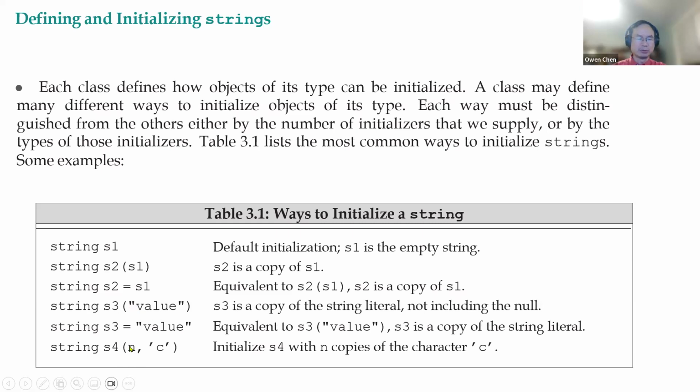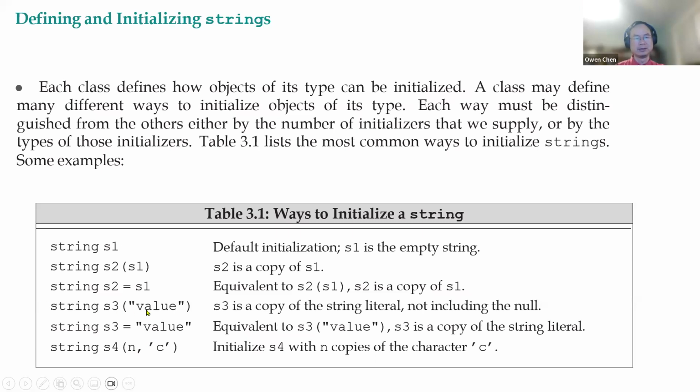And you can also call another constructor that takes two arguments. The first argument is the number of elements, and then this is the character you need to initialize with. So this n could be a number; it takes n copies of c and assigns that to this s4.